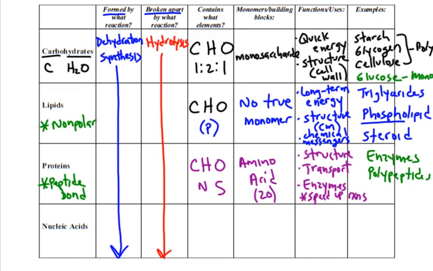So let's revert back to our big table and finish it off. So we still have our C, H, and O, but we also have nitrogen and we also have phosphorus. So the only element we do not have with nucleic acids is sulfur. Our monomer is going to be the nucleotide, which has the same basic name, nucleotide, nucleic acid, an easy way to remember that.